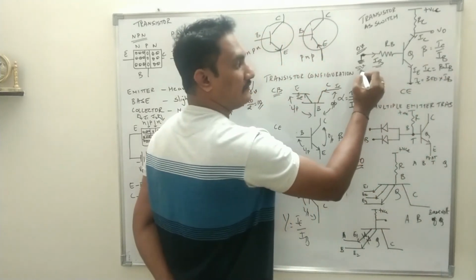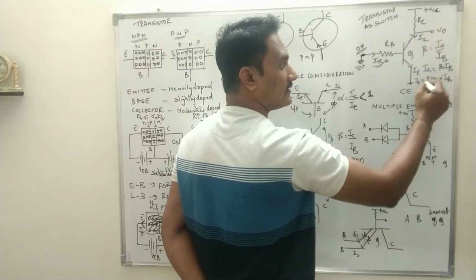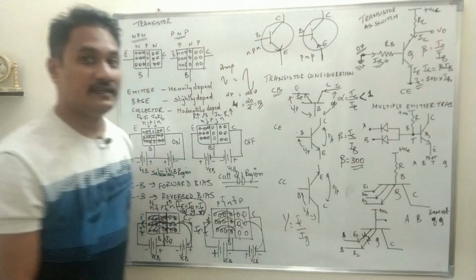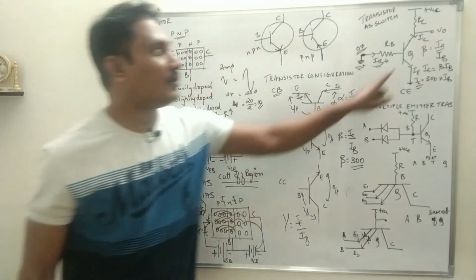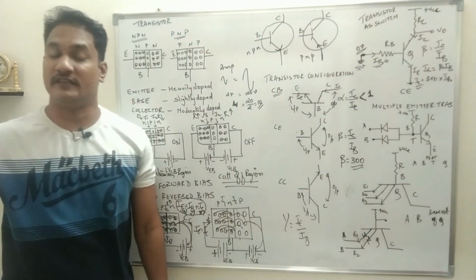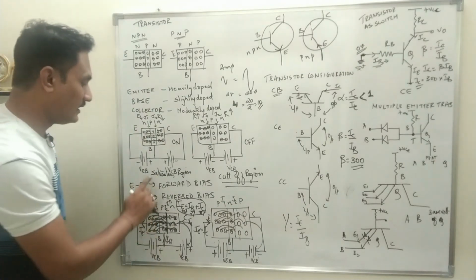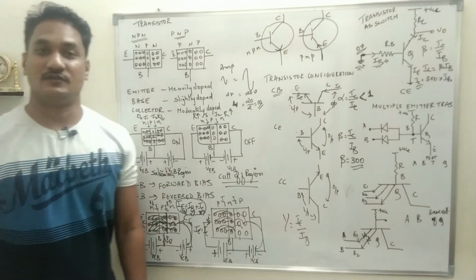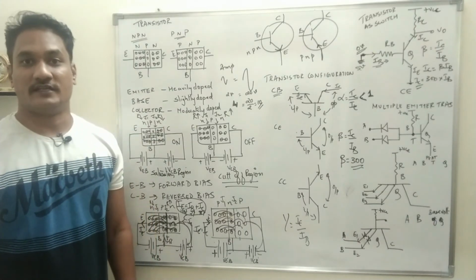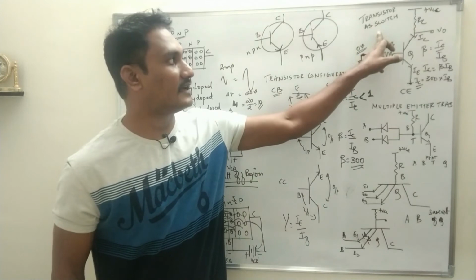So for 5 volt a small base current will flow, and that will be multiplied 300 times to give IC. That means a large collector current is flowing through the transistor, and when the transistor is conducting heavily, we say it is working in the saturation region. So that is how the transistor can be used as a switch.